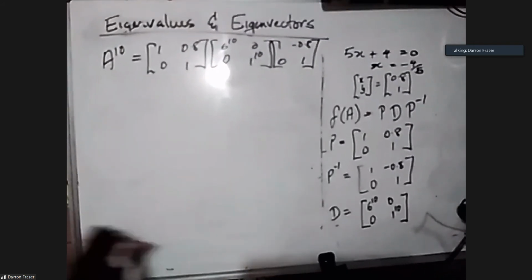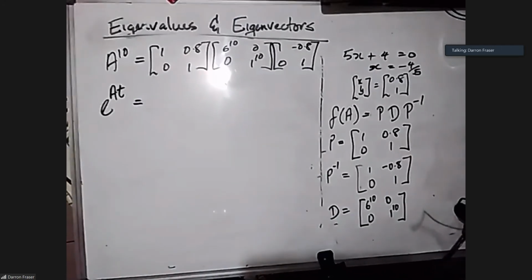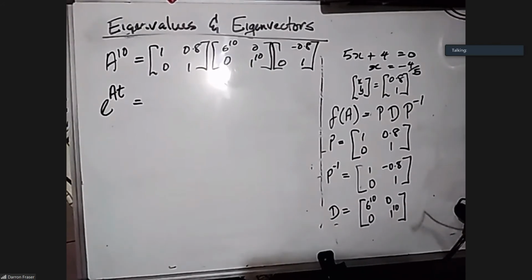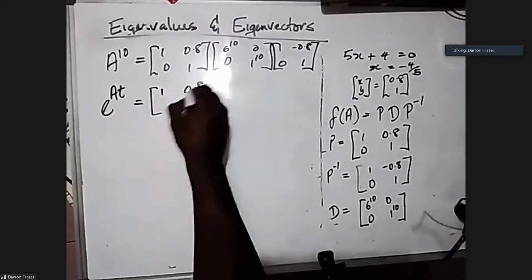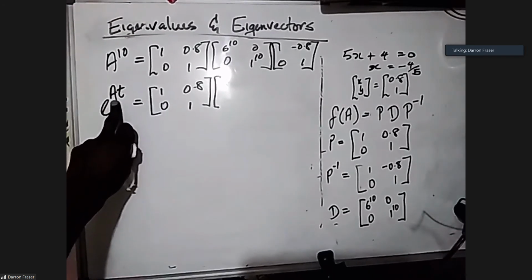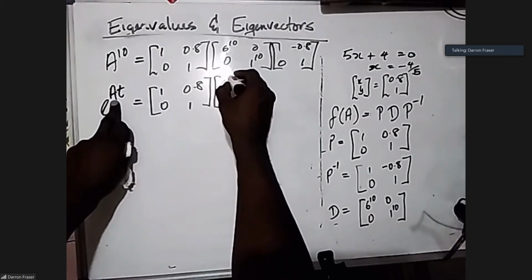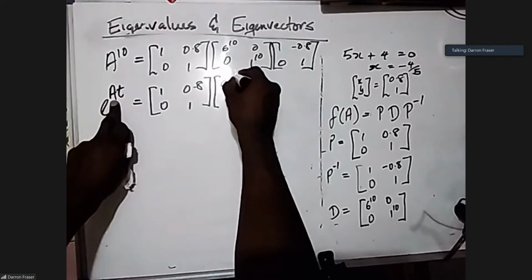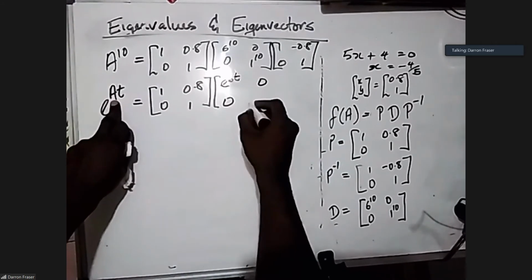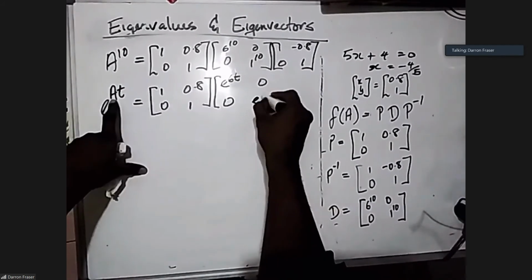But in engineering, we are interested in something like e to the At, raising e to a matrix power. So you see P, 1, negative 0.8, 0, 1. And then whatever the eigenvalue is replaces the A. The eigenvalue is 6, so it's e to the 6t, 0, 0. And the next eigenvalue is 1, so we put e to the t.